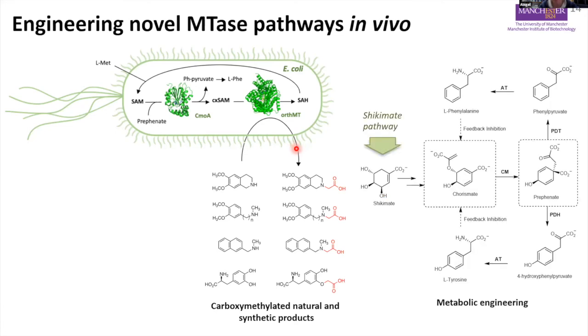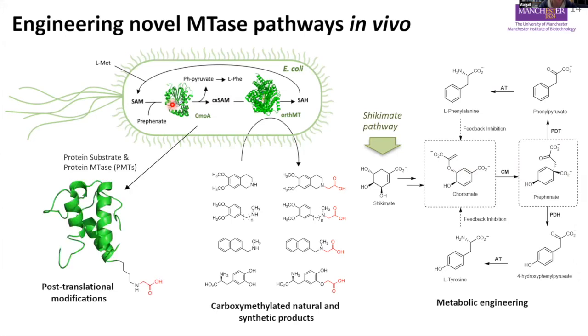So certain ways that we can help mediate this is to try and increase carboxy-SAM concentration within the cell. We can do this by engineering metabolic pathways, so trying to knock out some of the potential pathways that utilize these carboxy donors, to increase carboxy-SAM concentration in the cell. We can also vary and stagger protein production so that we have CMOA kicking around for a long time before we introduce the methyltransferase, trying to mimic those in vitro conditions that we developed.